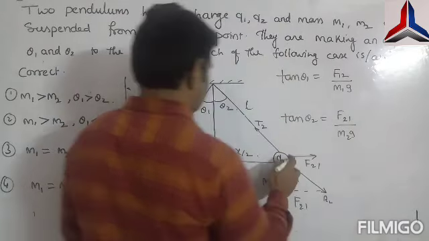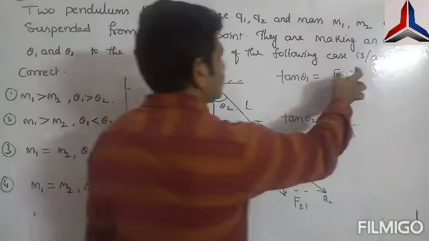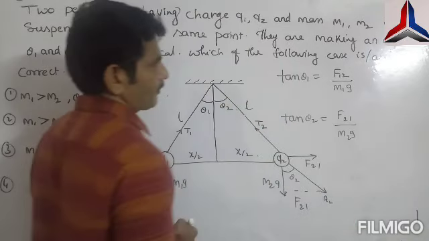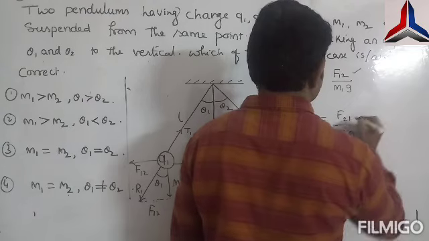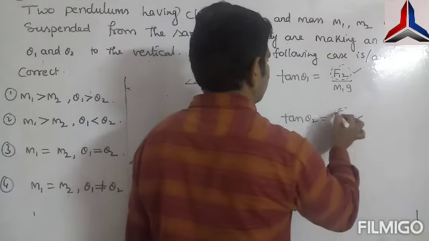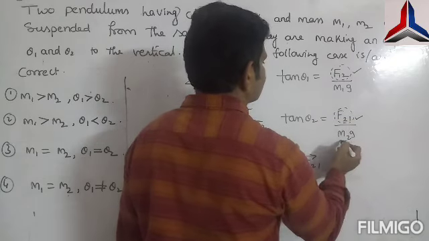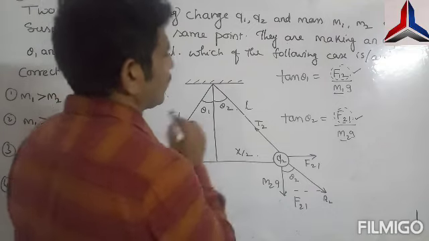You know very well, this is an action and reaction pair, equal and opposite. So these two values will be the same. Therefore the numerator is the same for both of them. Only in the denominator, the mass affects the angle made by the pendulum.